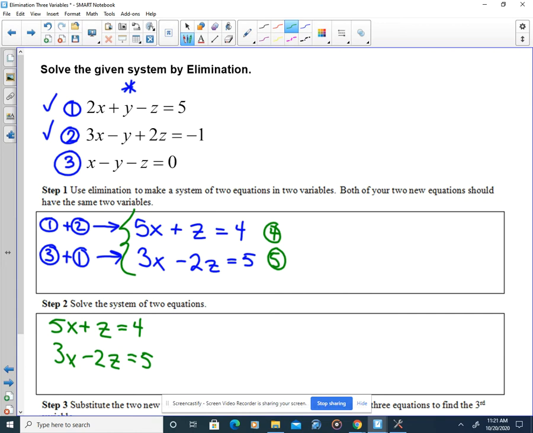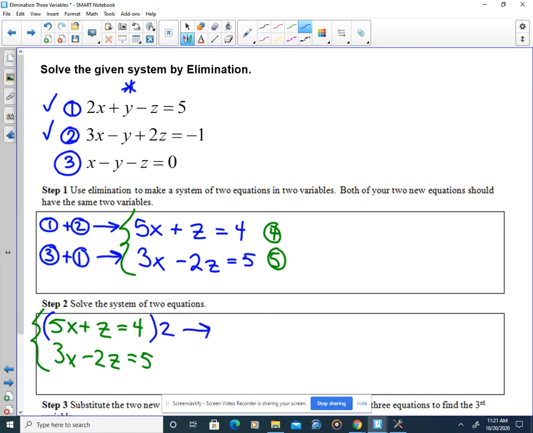I want to solve this system. So we want to solve this system of 2 equations with 2 variables. You can solve it by elimination or substitution, however you think is going to be easiest. To me, it looks like it would be easy to eliminate the z's. So let's multiply this one here by 2.